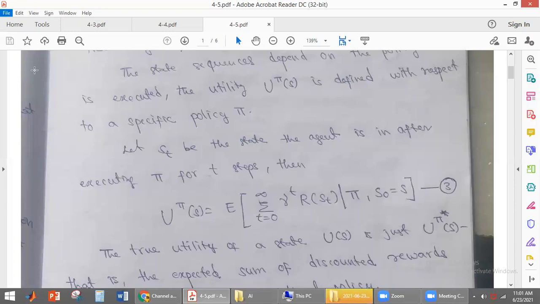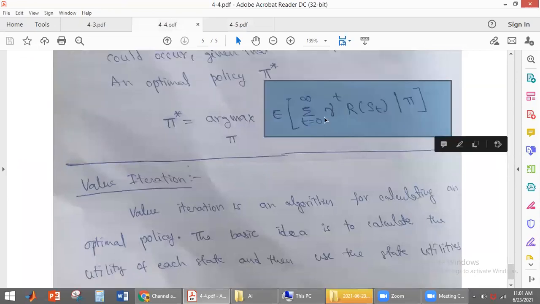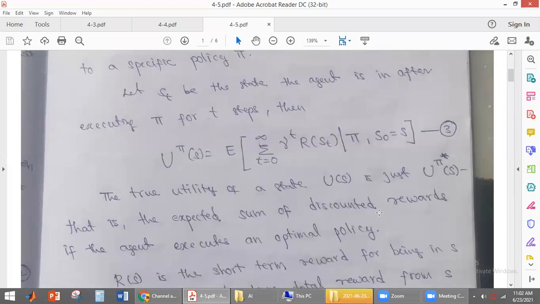Then, what is the optimal policy? The same formula, students, that we have used before: the expected value of the sum of gamma to the power t times the reward at S_t, when the policy is executed starting from the initial state S. Here pi star is the optimal policy, yes or no?